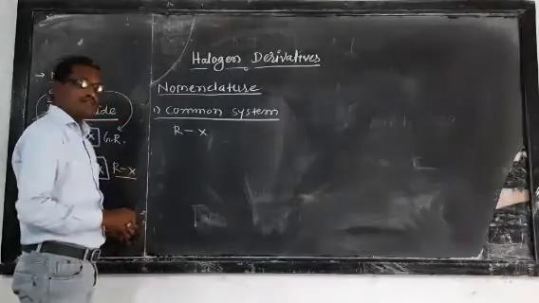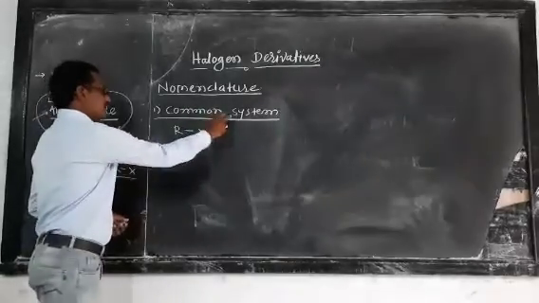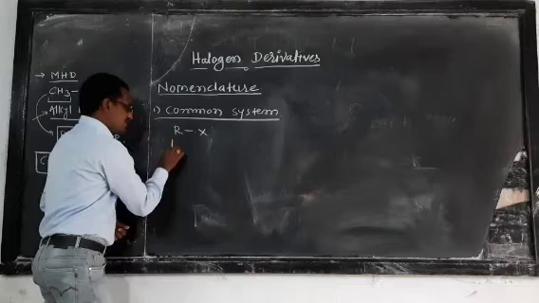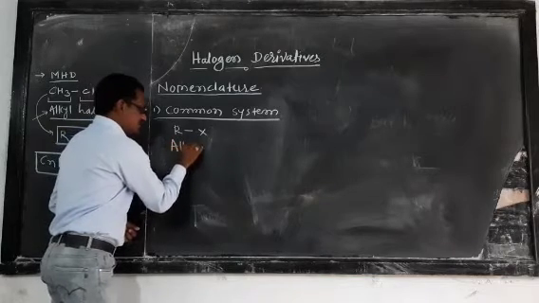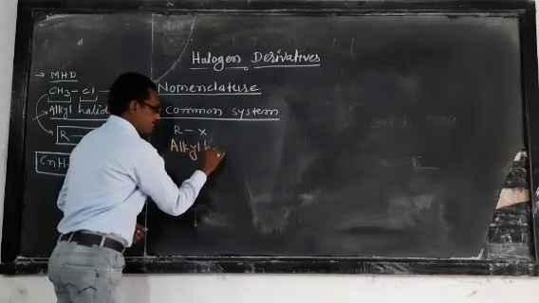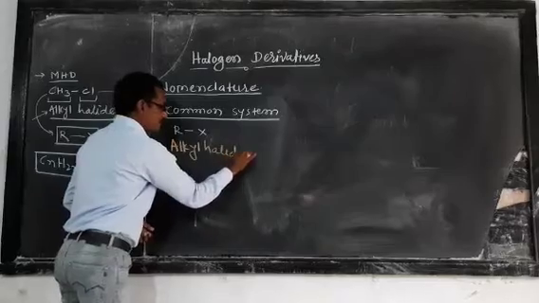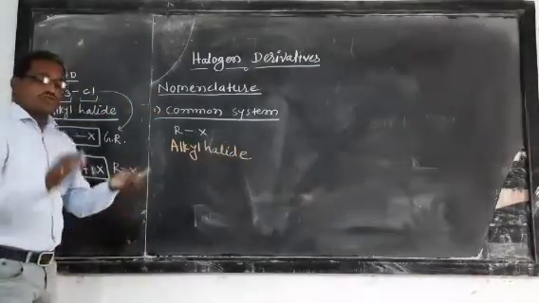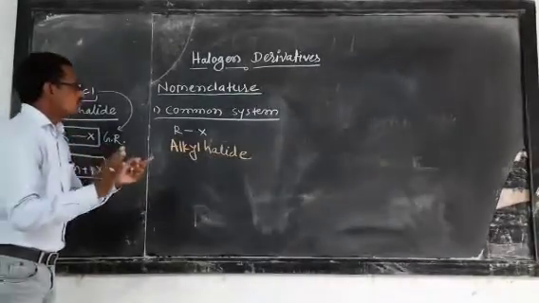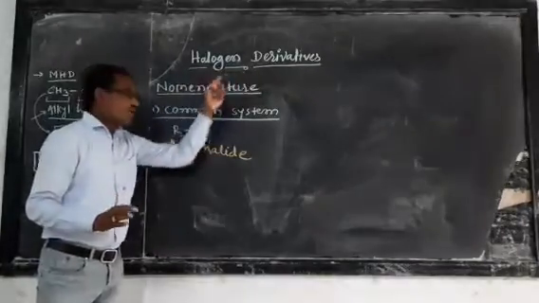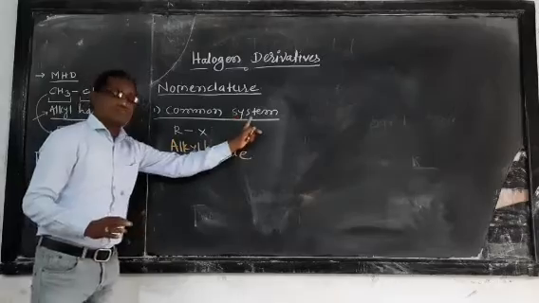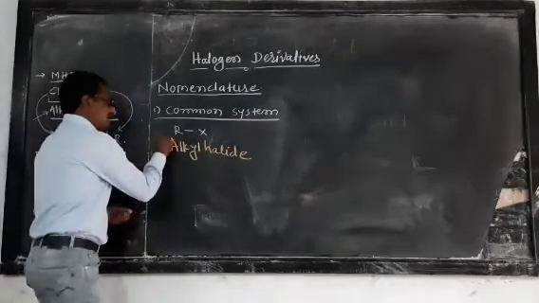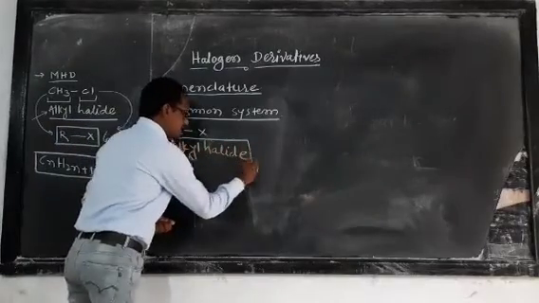So, by the common name system, RX is known as alkyl halide. When we want to name halogen derivatives according to the common name system, we have to nominate them as alkyl halide.